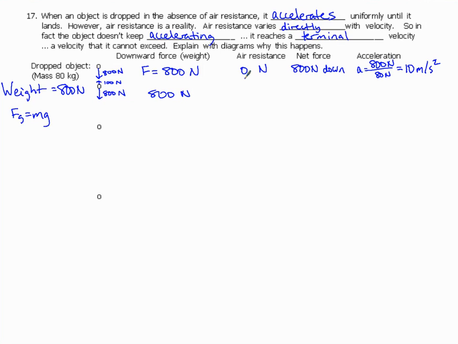Only this time the air resistance is 100 newtons. So the net force here is 700 newtons down. The 100 is acting in the opposite direction, so they subtract from each other: 800 minus 100 gets us to 700 newtons down.